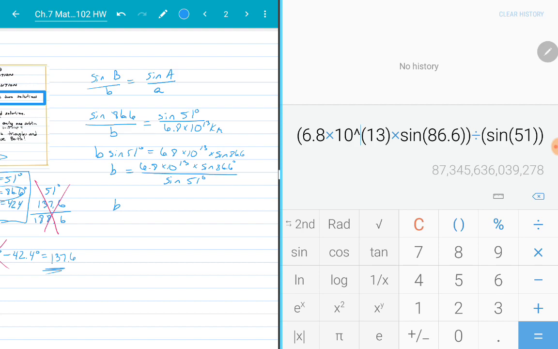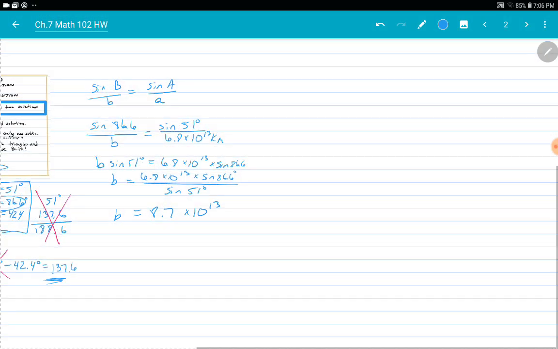If we move that decimal over 13 spaces, we actually get 8.7 times 10 to the 13th. So that 13 tells me I can move my decimal over. Okay, so I think that's our final answer.